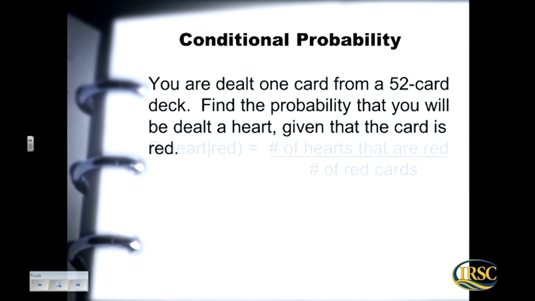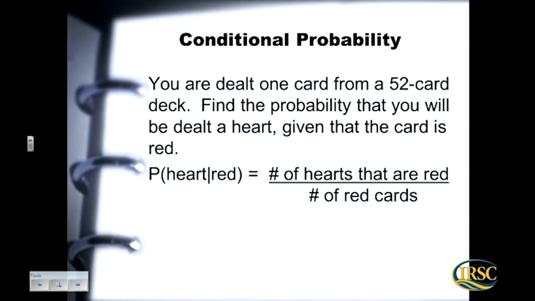All right, so you're looking for the probability of a heart given that it's red, which means you want the number of hearts that are red. What do they have in common? Hearts and red, those two things, over the number of red cards. So the denominator is always just the given part, given that it's red, so you need the number of red cards.